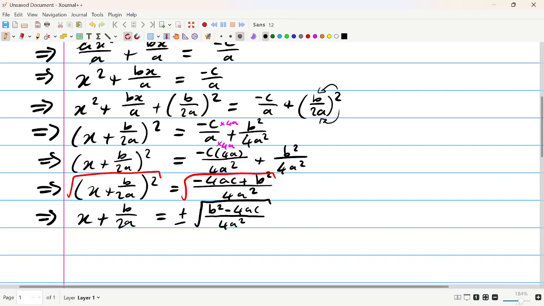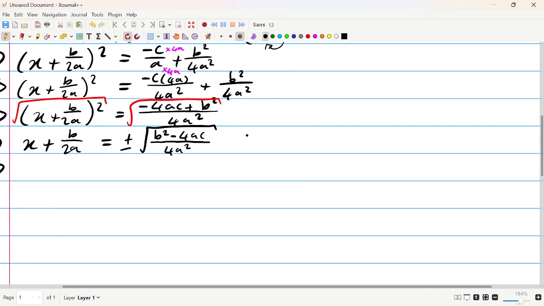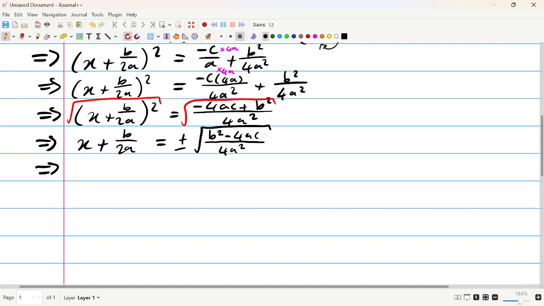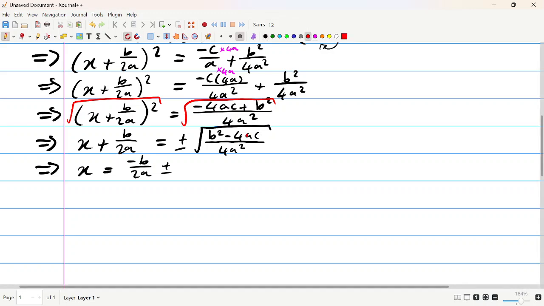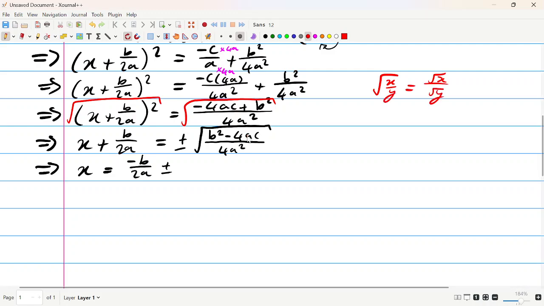Okay, and then from here, we can clearly just take the b over 2a to the other side. So then what are we left with? x is equal to negative b divided by 2a plus minus, and we need to know our square root properties that say the square root of x over y is the same as the square root of x over the square root of y.